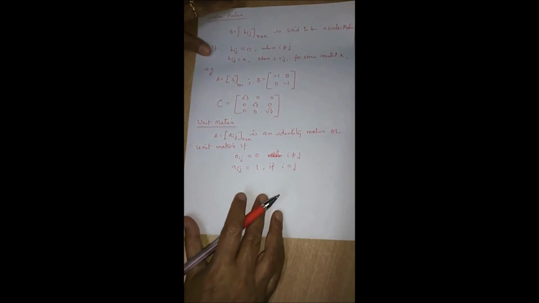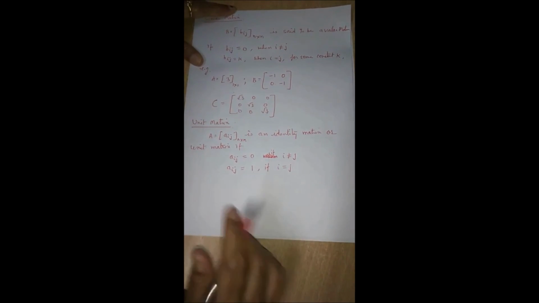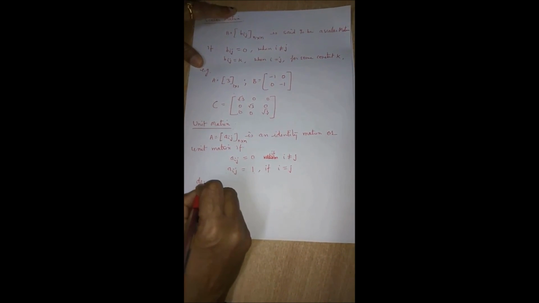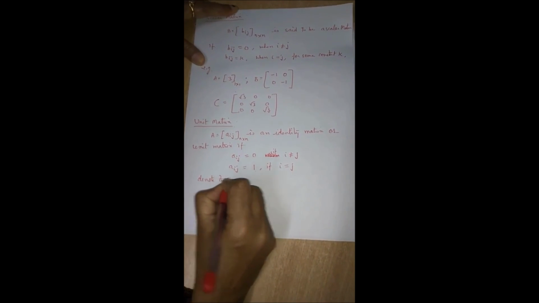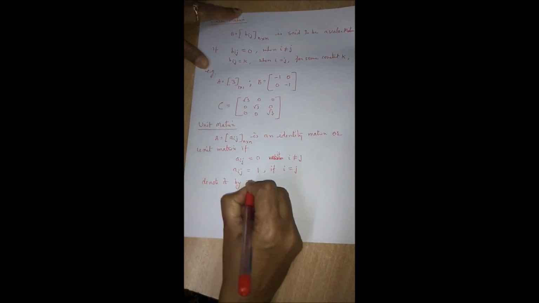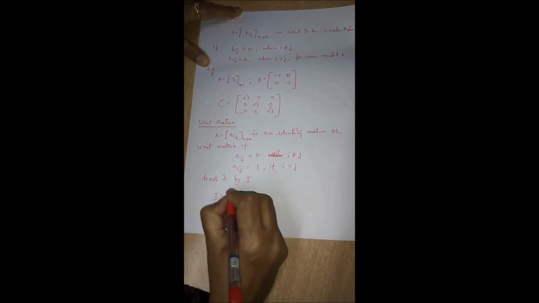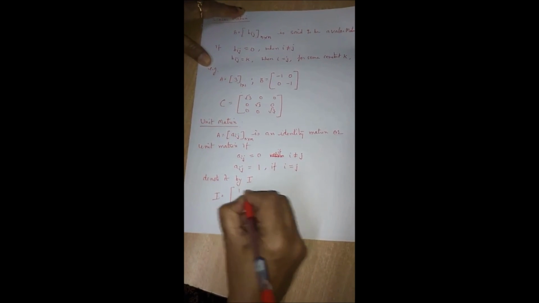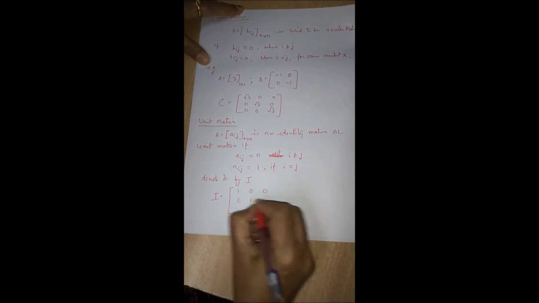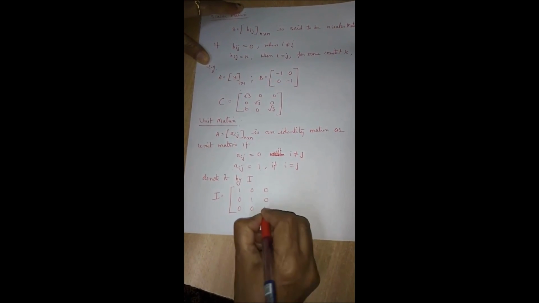We denote the unit matrix by I. I is equal to the matrix 1 0 0, 0 1 0, 0 0 1.